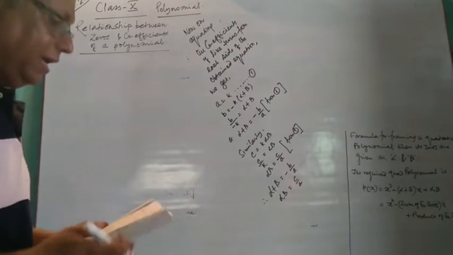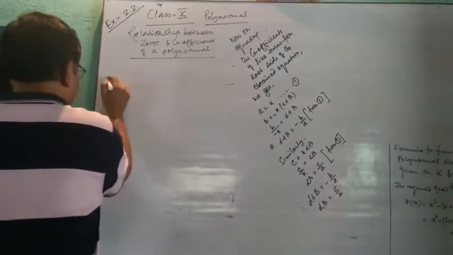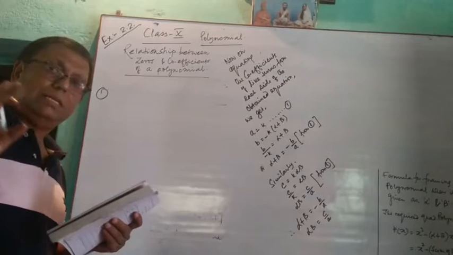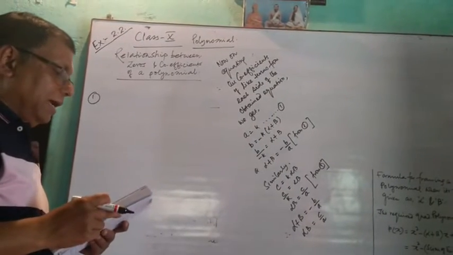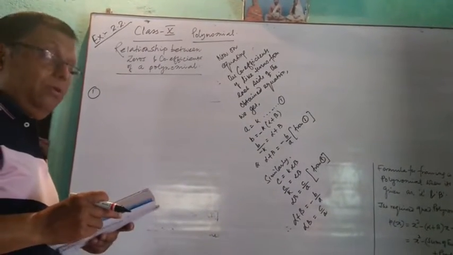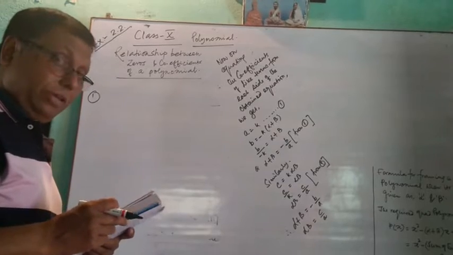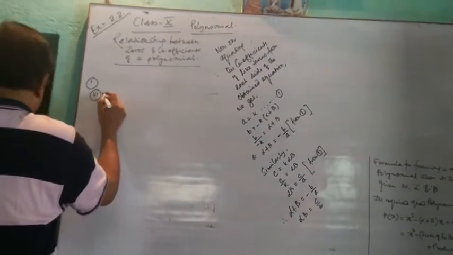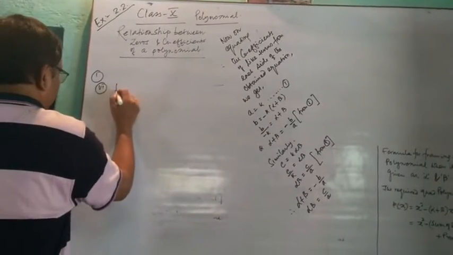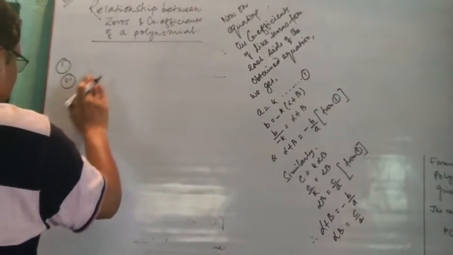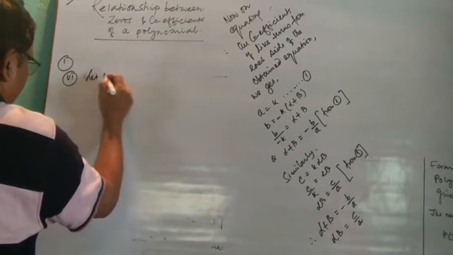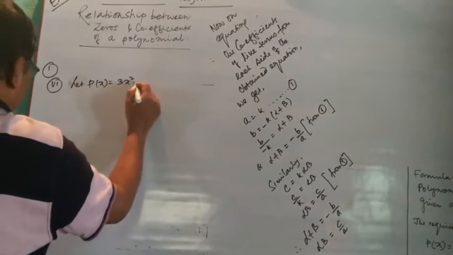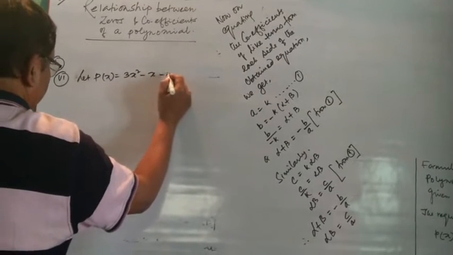There are 6 questions. In question number 1, I will explain only one for you. Suppose question number 6, I have taken the polynomial, they have not given any name, so we are naming it, let p(x) equals 3x square minus x minus 4.